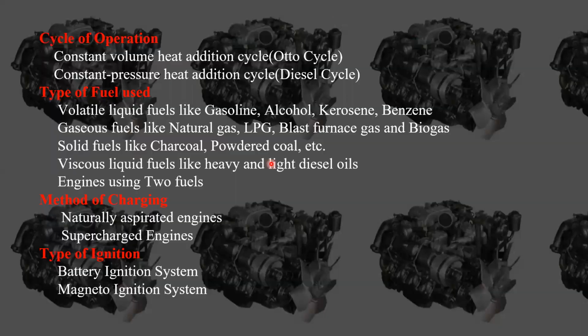Okay, next coming to the engines using two fuels. That means we are going to use both volatile liquid fuel and viscous liquid fuel. Some of the combustion happens at constant pressure, and some happens at constant volume. You have already seen the dual cycle. The engines which run on that dual cycle are called engines using two fuels, or dual cycle engines.